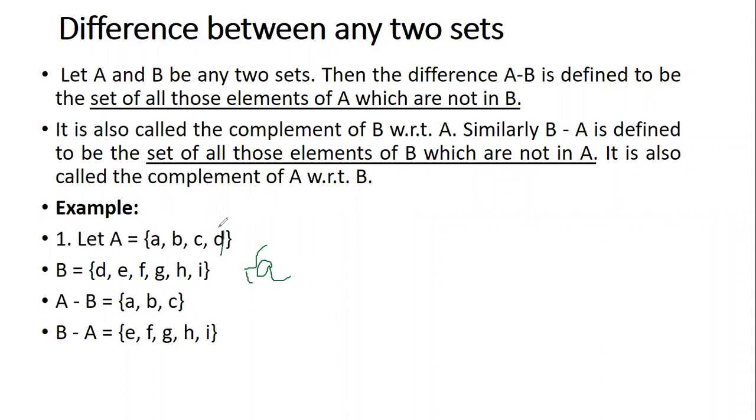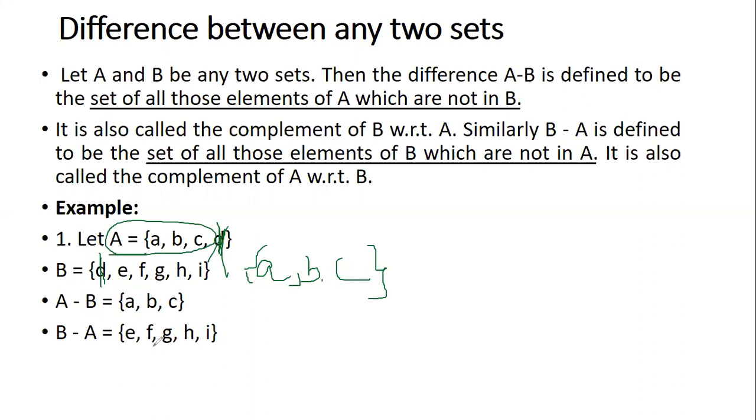See, D is a common element, right? Leave out the common elements which are in A and B and only write down the left out elements in A. So A, B and C are not common with B. But when you take D, D is common with B. So that is why we don't consider D.